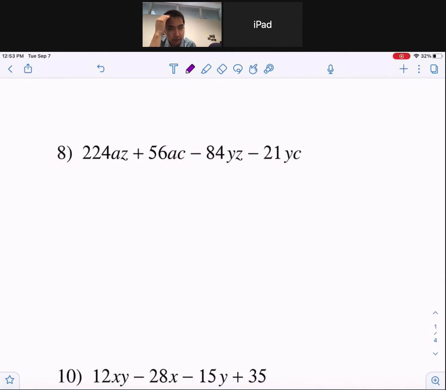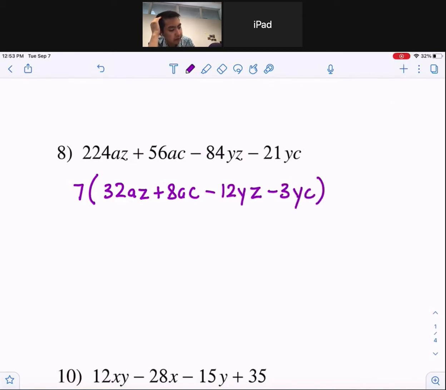So we are going to factor out a 7 from each one. 224 divided by 7 is 32 ac. 56 divided by 7 is 8 ac. Negative 84 divided by 7 is 12 yz. And negative 21 divided by 7 is minus 3 yz. Now, don't forget to include this later in your answer, so I'm going to put it down.